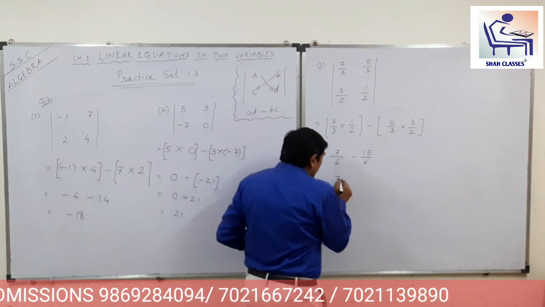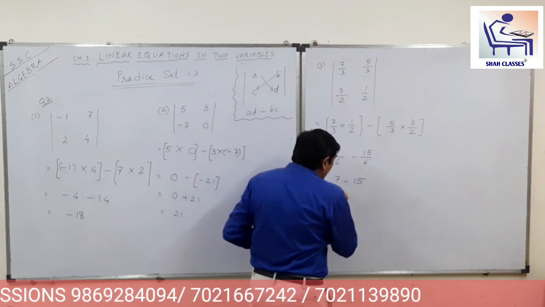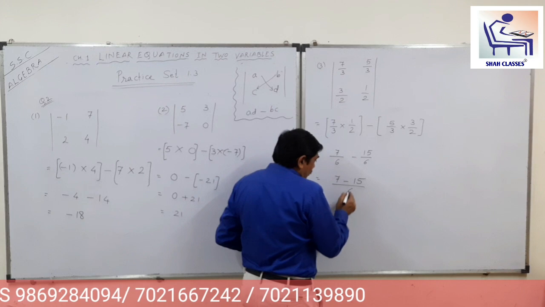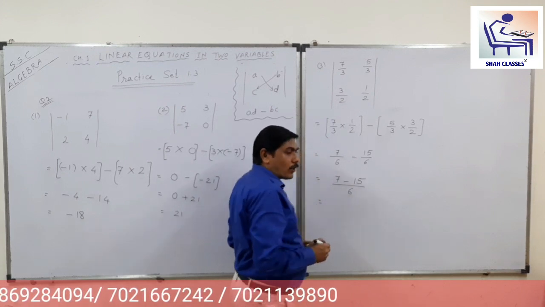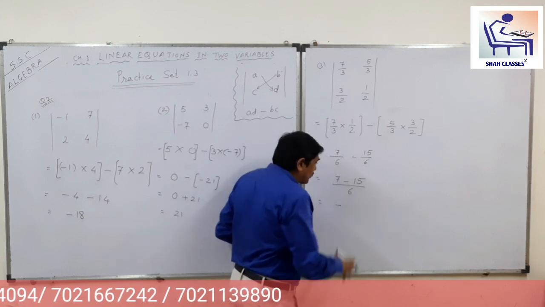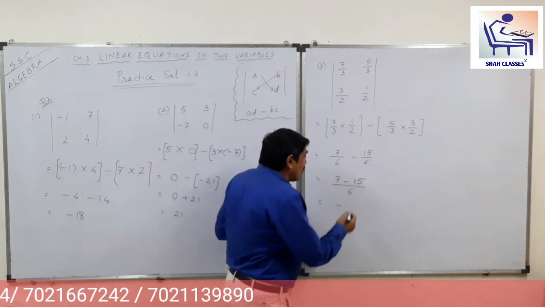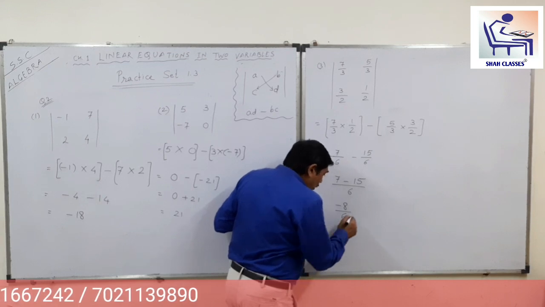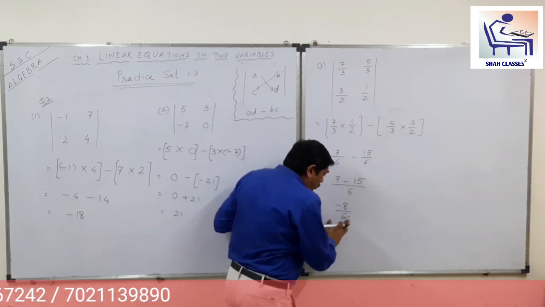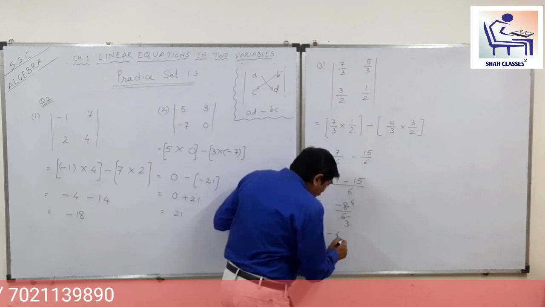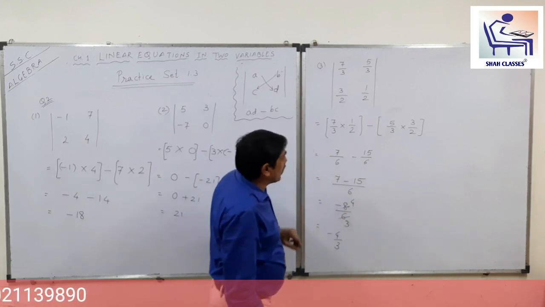So 7 minus 15 upon 6. 7 minus 15 is not possible directly, so we do the negative and put a minus. So 15 minus 7 is 8, so -8 upon 6. Now both these numbers come in the table of 2, so 2 threes are 6 and 2 fours are 8. So -4 upon 3 is your final answer.